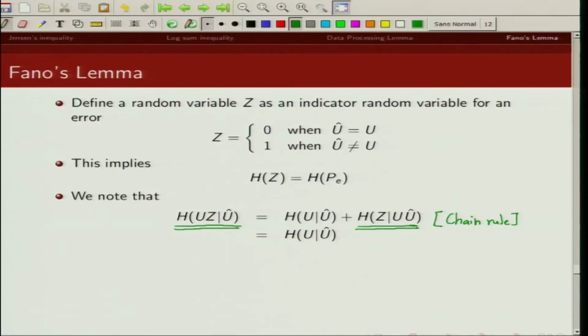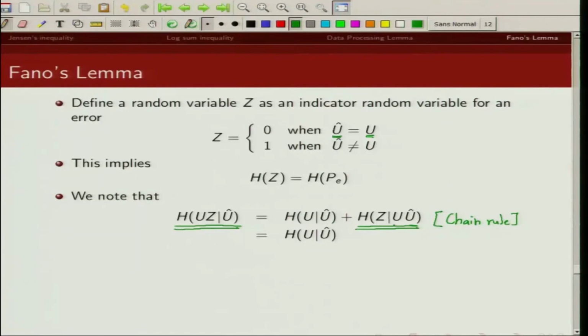Now what is z? Z is an indicator random variable which indicates whether there is an error, and it depends on the values of u and u hat. So if you tell me what u and u hat are, I can easily find out what z is, because if u is the same as u hat, z is 0, and if u is not the same as u hat, then z is 1. So there is no uncertainty in z given u hat. So this term is 0. Then I can write this term is equal to this.